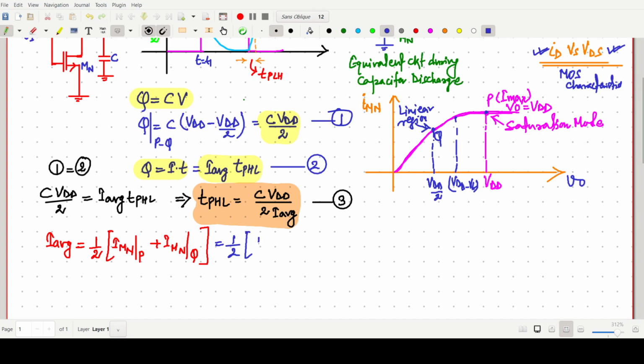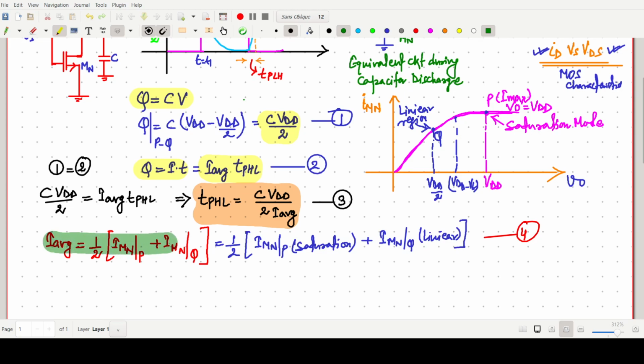We can write I_MN at P, which at this point is in the saturation region, plus I_MN at Q, which is in the linear region. This one is equation number 4. That one we have to find, and it is very important.